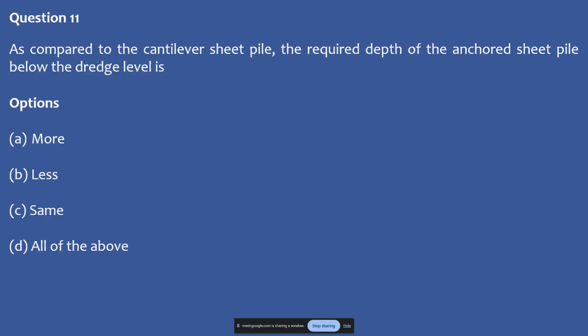So as compared to the cantilever sheet pile, the required depth of the anchored sheet pile below the dredge level is. So for the anchored sheet pile, whether the required depth of embedment is more or less same as compared to the cantilever sheet pile.